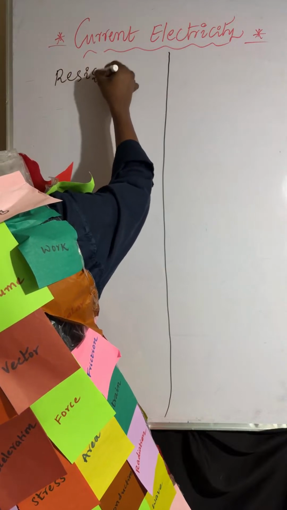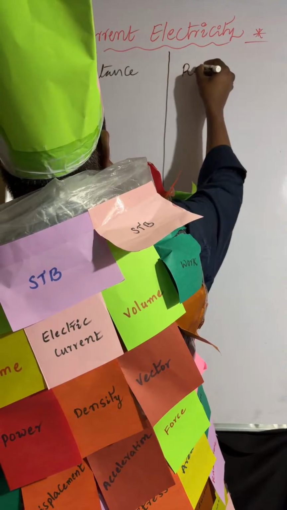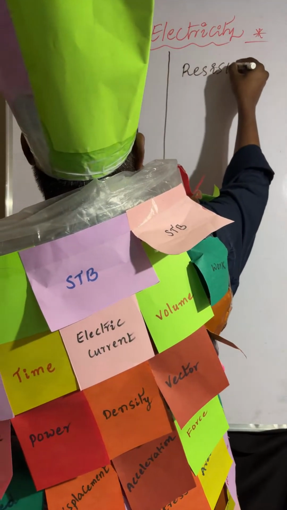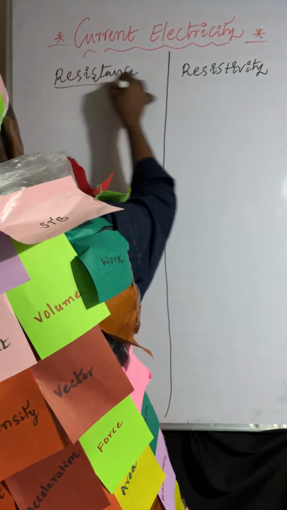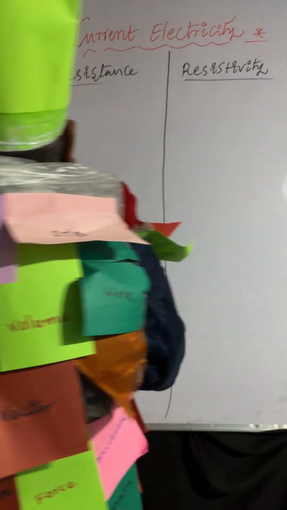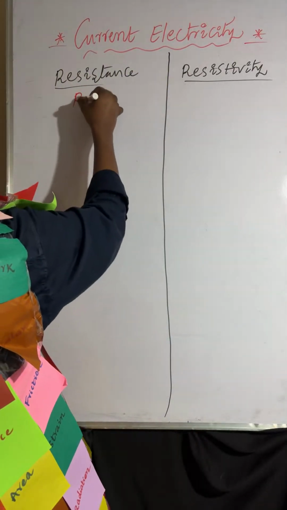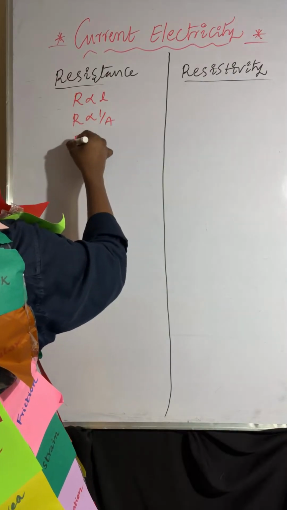Resistance depends on the length of the conductor and the area of the cross section. Here you can observe R is directly proportional to the length of the conductor, and R is inversely proportional to the area of the cross section.